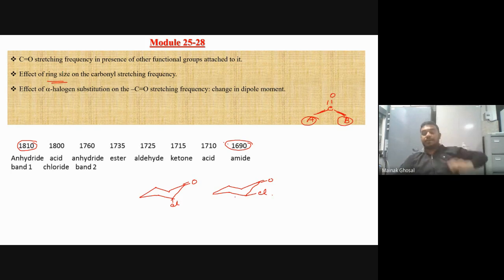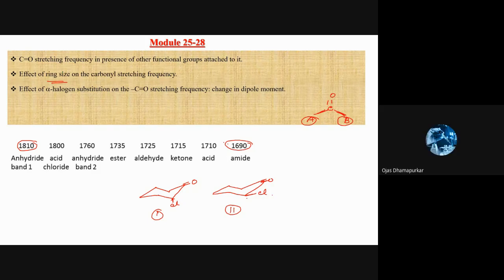So which of these will have higher dipole moment, one or two? This is axial and this is equatorial. Which will have higher dipole moment? Axial will have higher dipole moment.